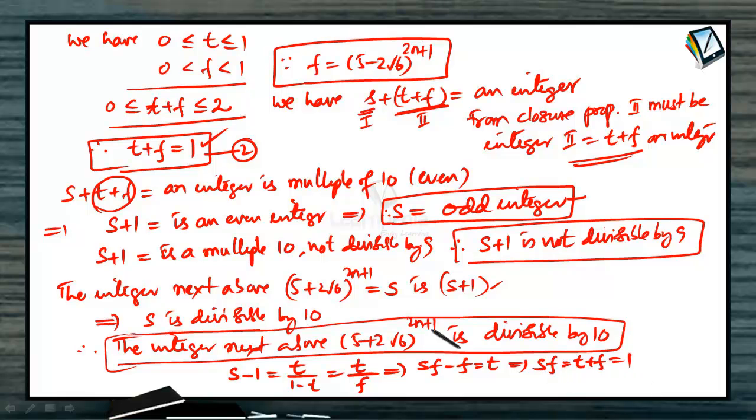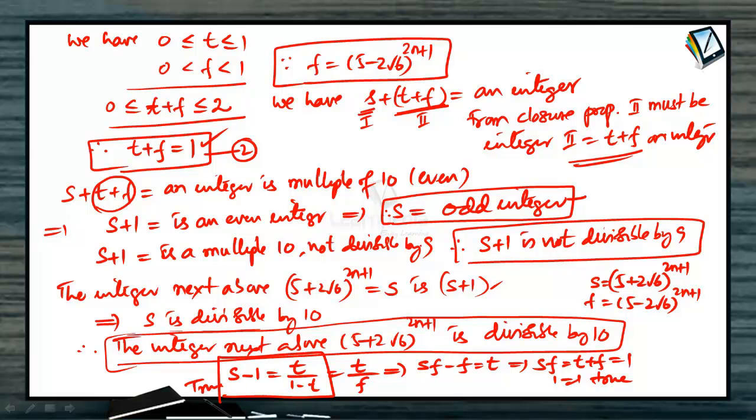But s is 5 plus 2 root 6 to the power 2n plus 1 and f is 5 minus 2 root 6 to the power 2n plus 1. Their product is obviously 25 minus 24, which is 1. So 1 is equal to 1, that is true. Therefore s minus 1 is equal to t by 1 minus t. This is true.